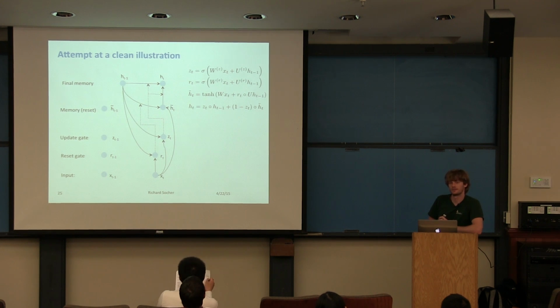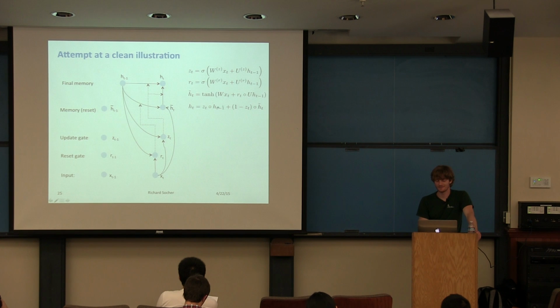So we no longer have those matrices. In some ways, that WHH can be seen as this U here, right? But now this U won't necessarily have the power to change given the previous time step unless the reset gate agrees with that. So the reset gate allows you to basically take into consideration your previous time step.